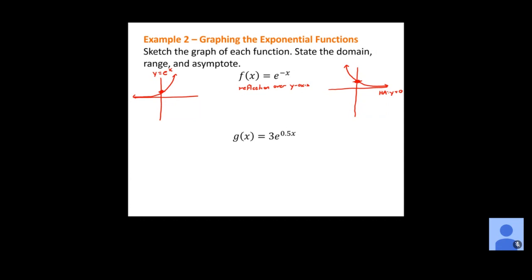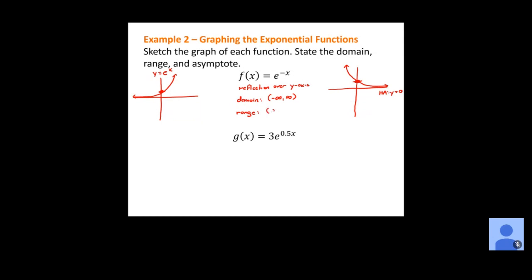And let's talk about domain and range. We found the asymptote, so let's look for domain and range now. What's the domain of that function going to be? Good. All real numbers, negative infinity to positive infinity. Range is going to be what? Good.